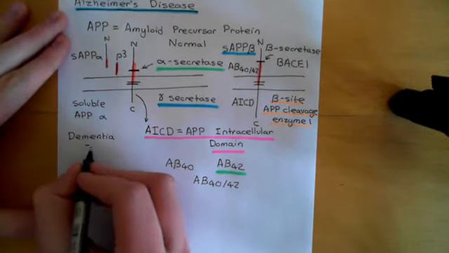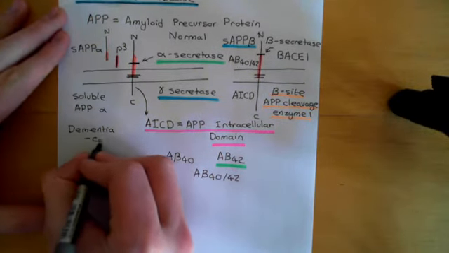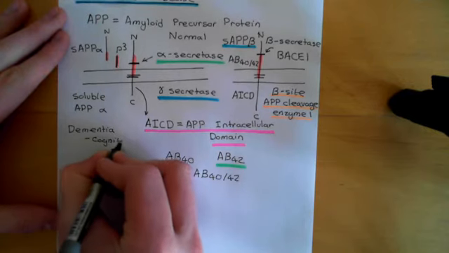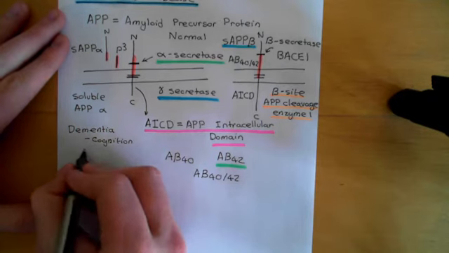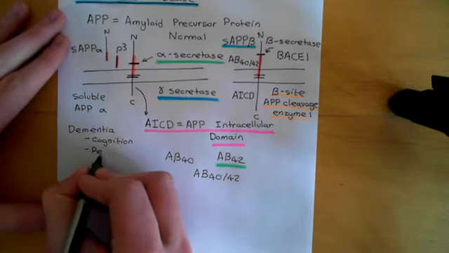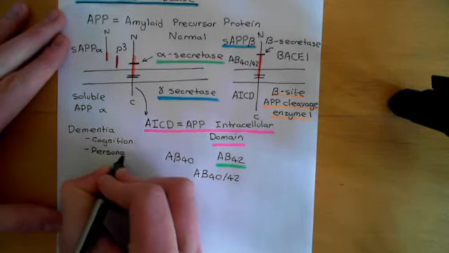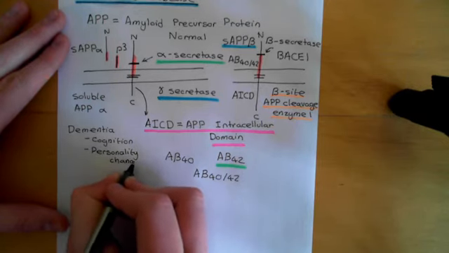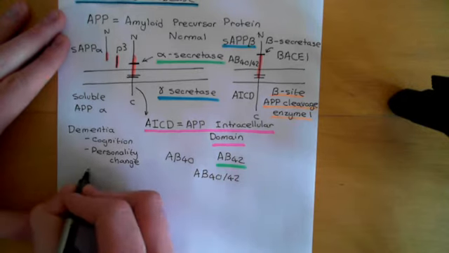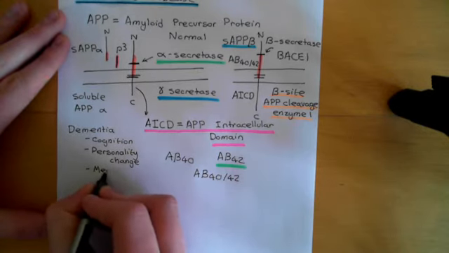Well, the three main things that happen in dementia are cognition goes down, your ability to think and problem solve and things like that. Your personality starts to change, and also memory is lost. So those are the three main characteristics of dementia.